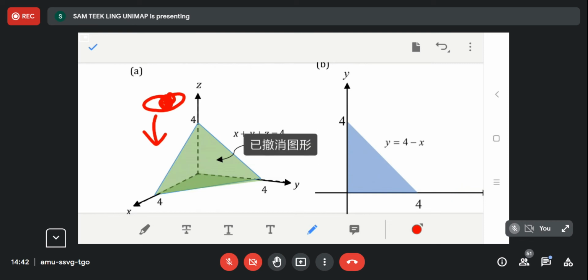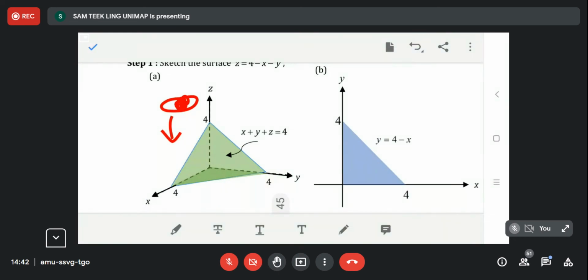You watch your tetrahedron from the z-axis from above going down, and you will see it is a triangle in your xy plane.